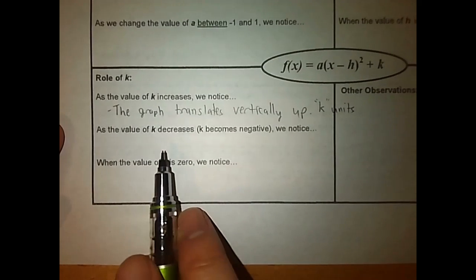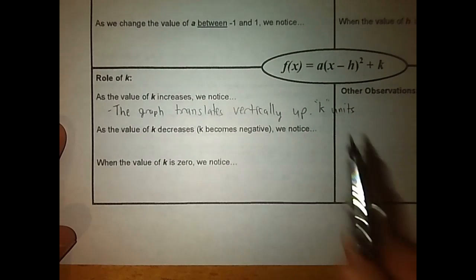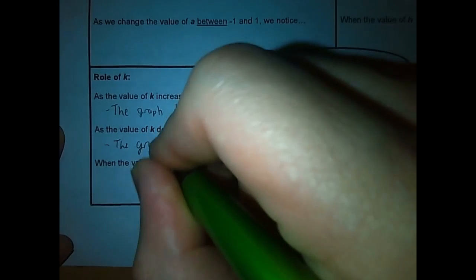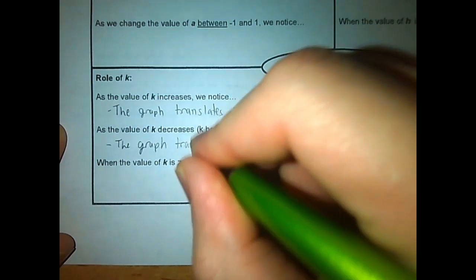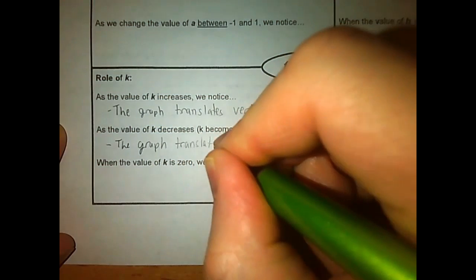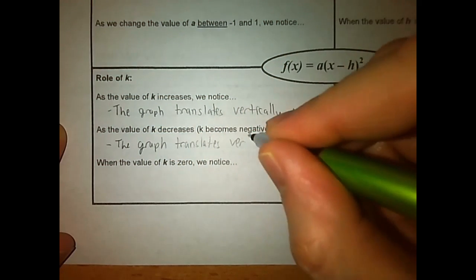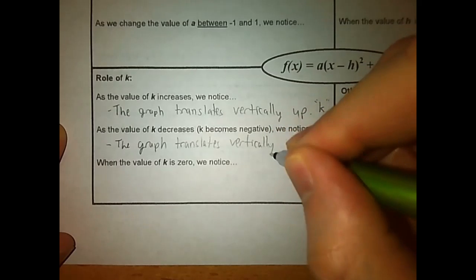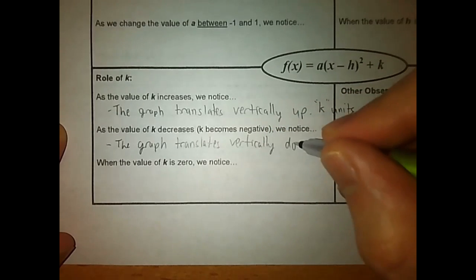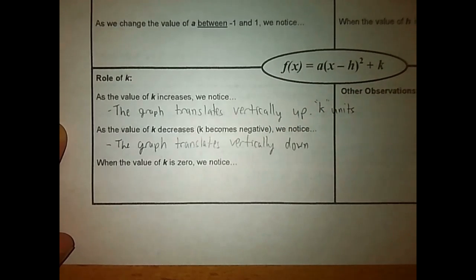As the value of k decreases, k becomes negative, we notice the graph translates vertically down, the same k units.